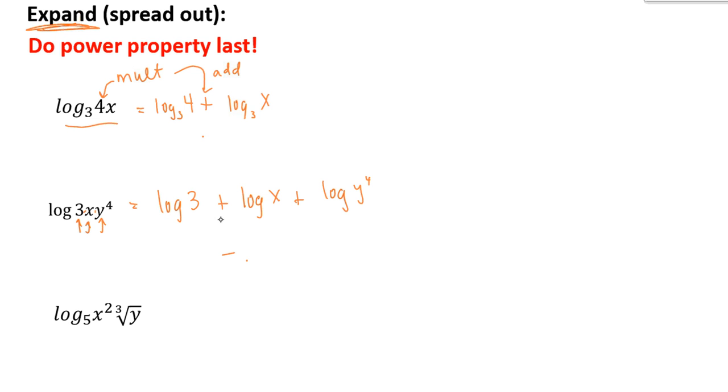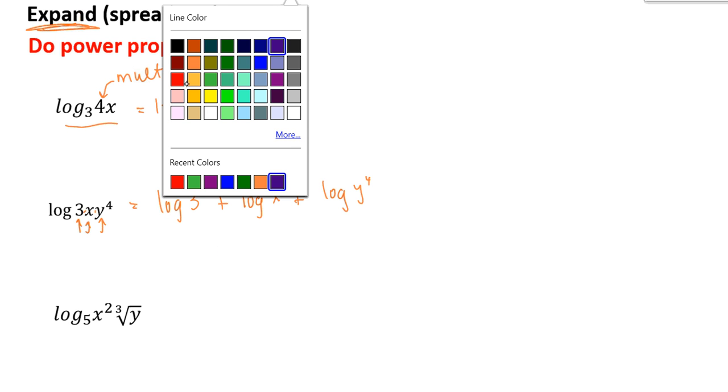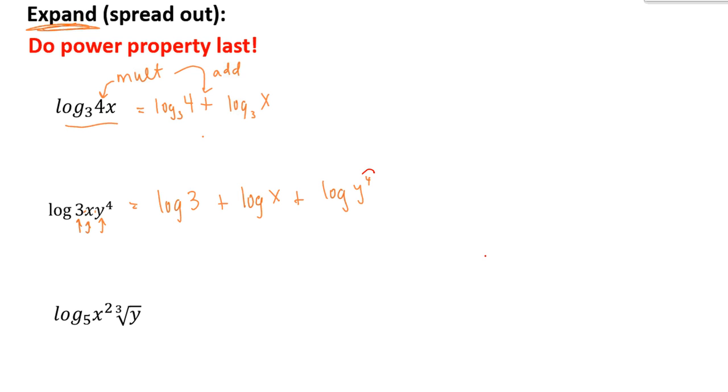And then also, if you happen to look at this last term, there's a power. Anytime you have a power inside a log, you can bump it out in the front. So this is actually 4 log of y, and then the rest is the same. So that is expanding.